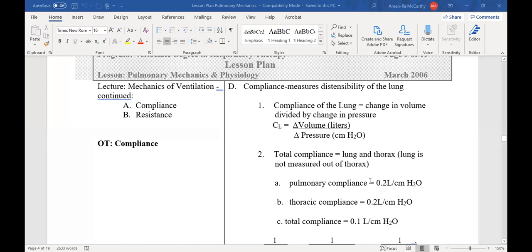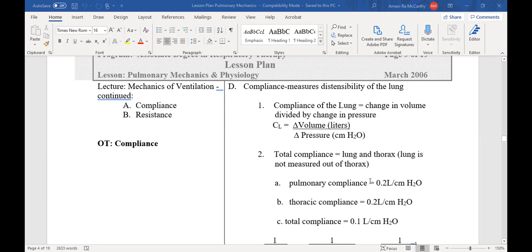For instance, if it was taking me 25 centimeters of water to push in 500 tidal volume into your lungs, and then a little bit later I'm noticing that I'm only pushing in 450 volume now, and the pressure has increased to 35 centimeters of water, that has been a change in volume and a change in pressure.